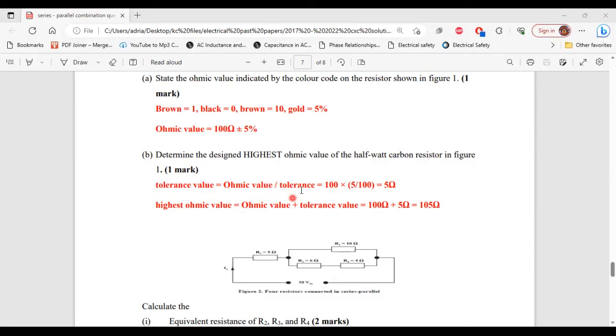The ohmic value is 100 ohm multiplied by 5%, and that will give us 5 ohm. So the maximum ohmic value is equal to ohmic value plus tolerance value, so 100 ohm plus 5 ohm will equal 105 ohm. All right, so that's it for part B.